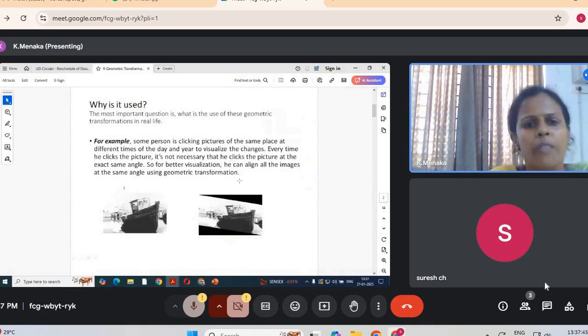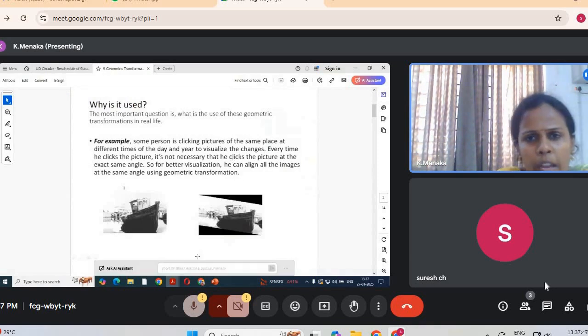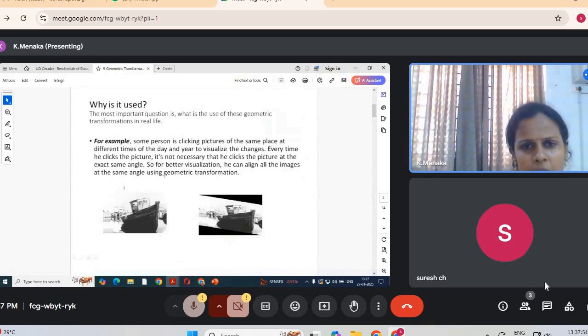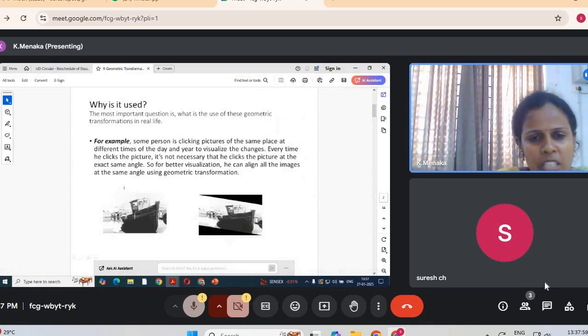The most important question: where can we use this geometric transformation in real life? Some person is clicking pictures of the same place. If you see this shipboard, somebody is capturing it, and the same person captures the same shipboard in another view.